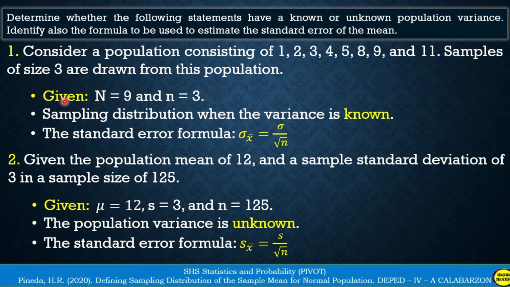Sa given pa lang, ma-identify nyo na, yung population variance dito is known. Dito, unknown. Kapag wala kayong nakita na sample standard deviation or sample variance dito, ibig sabihin, yung population variance natin is known. So, madali lang natin ma-identify.